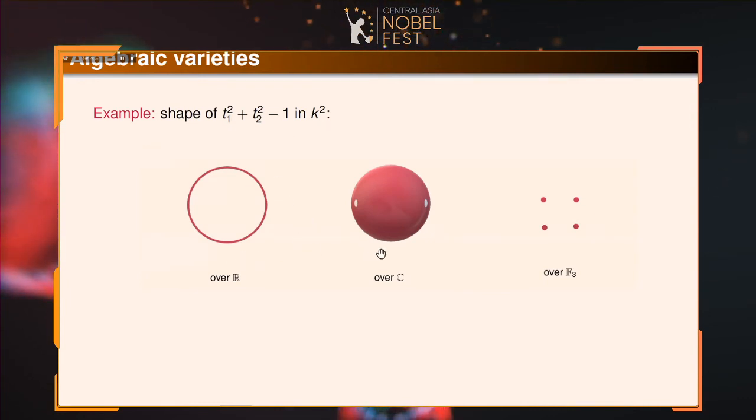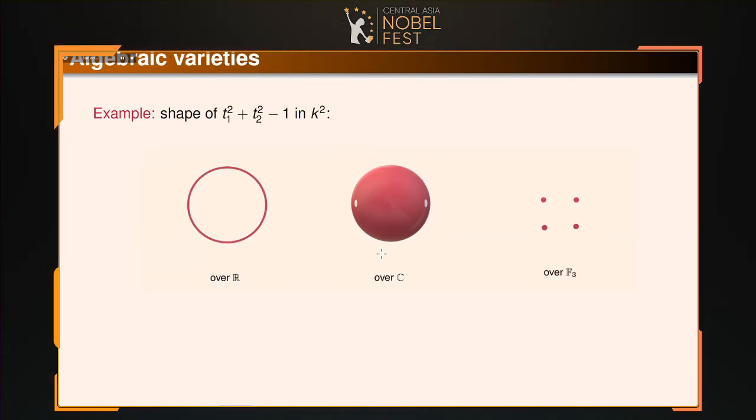It's not a circle, but it's like a sphere with 2 points removed. We have to remove the points because we are not working with compact spaces. If we work in the compactified version, then we can also add these 2 points and we just get a sphere.